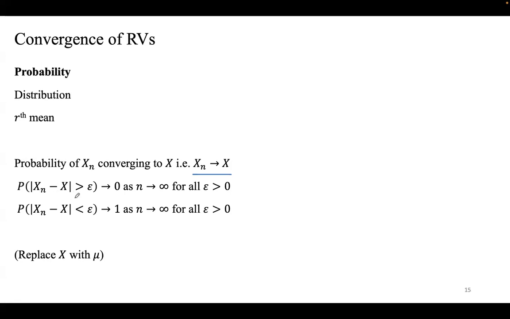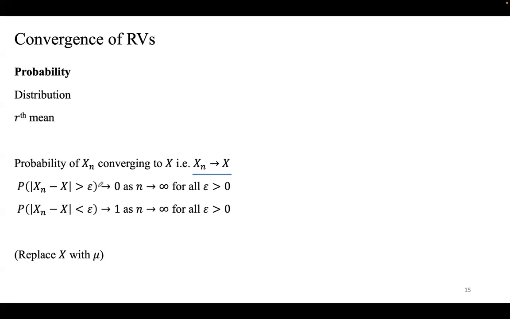You take the absolute value of the difference, because it doesn't matter whether A is greater than B or B is greater than A. If that difference is greater than epsilon, the numbers are farther apart. That's not what you want, so you want this thing to not happen.